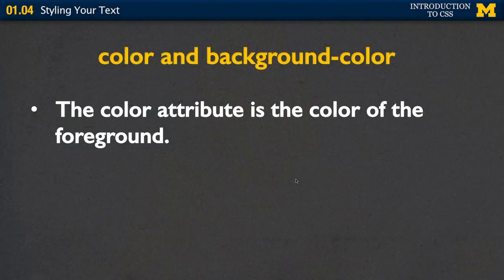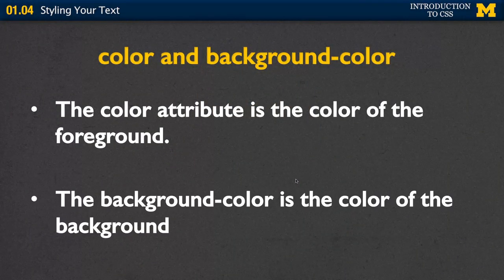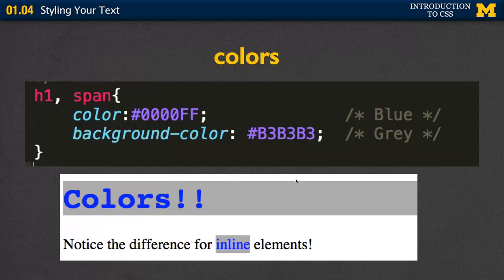Next, let's talk about color and background color. The color attribute is the color of the foreground, which is the fancy word for just the text itself. The background color is the color of the background behind the font that we're looking at. And depending on what kind of text you're styling, it can look very different. So here I've done one rule, and you haven't seen this before.